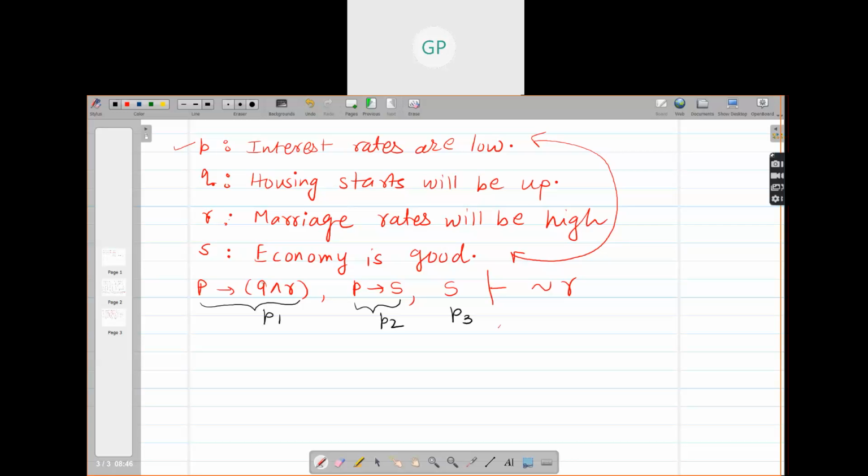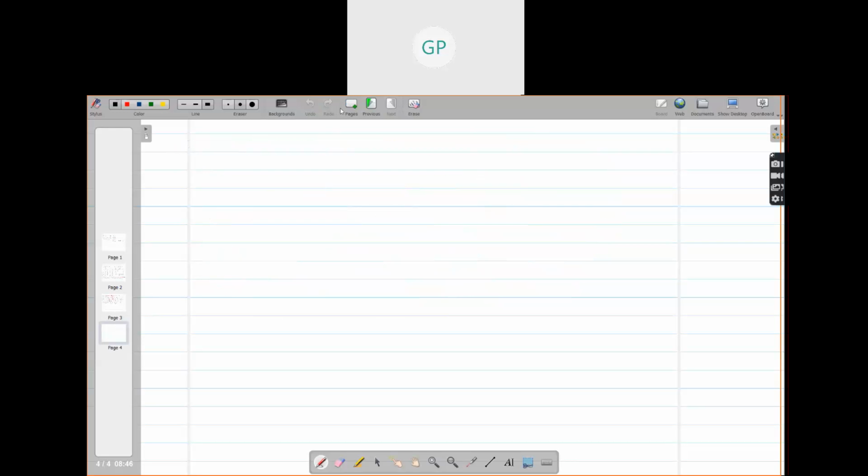Have you understood the premises? How many simple statements are there now? There are four simple statements. So how many rows will you have in the truth table? 16 rows you will have in the truth table, correct.